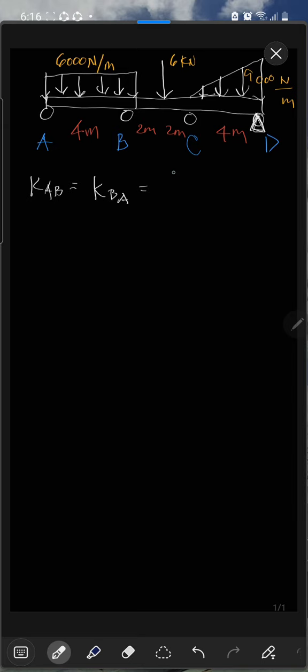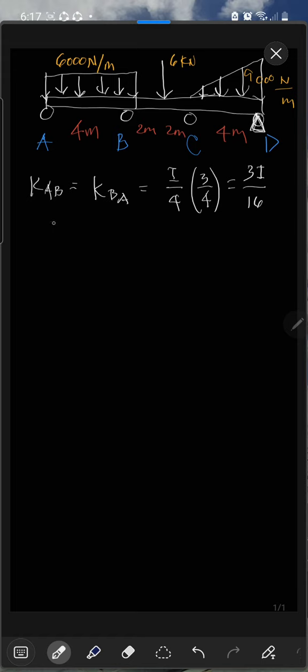So instead of I over L only, you multiply it by 3/4. So how much? 3 over 16. So that is 3I over 16. Okay, so 3I over 16.